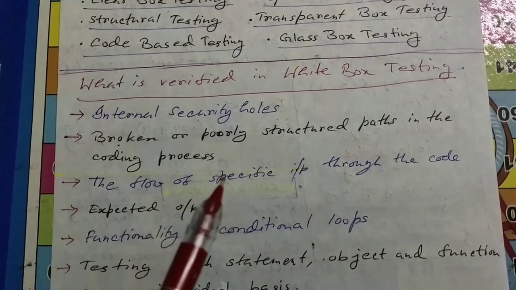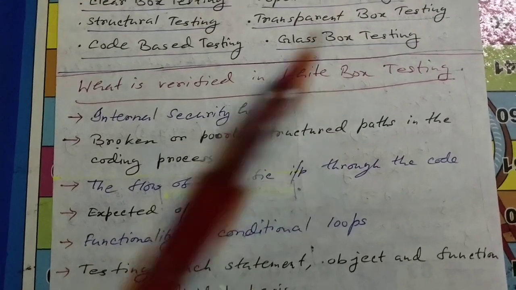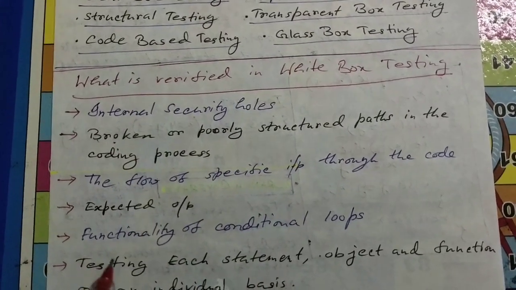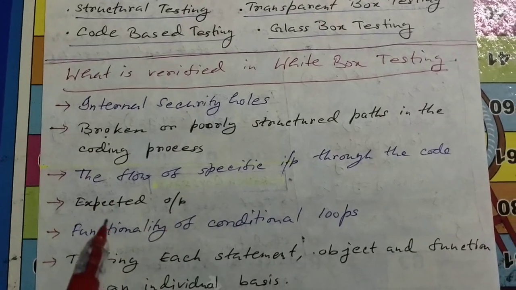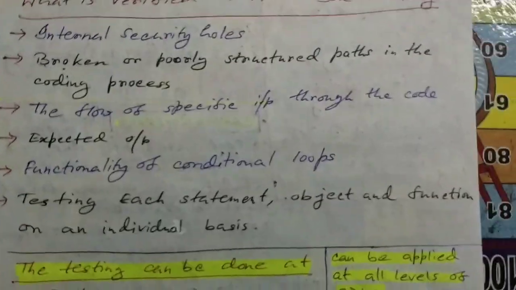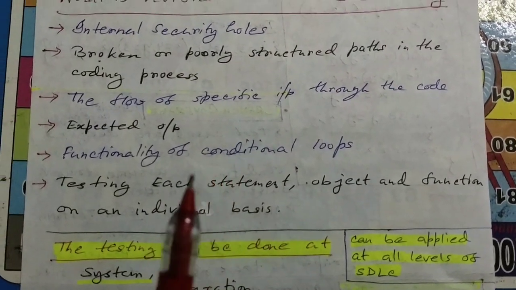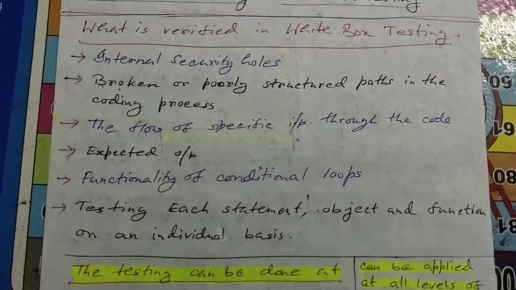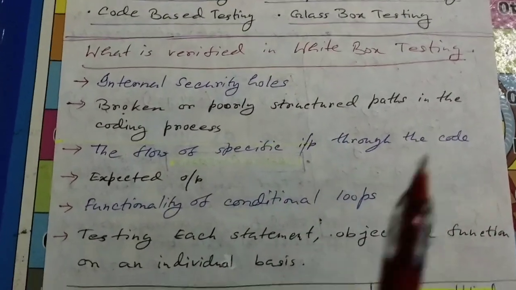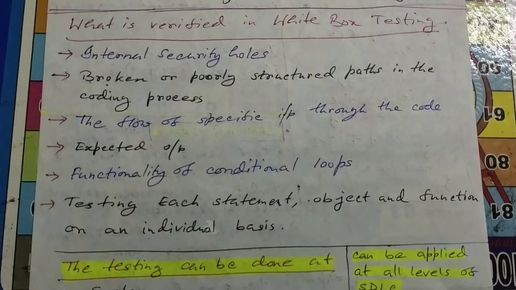The flow of specific input through the code, expected output based on some input, functionality of conditional loops, so all the loops will be tested, that means all the iterations will be tested, testing each statement, object and function on an individual basis. And how this all will be verified will come one by one later in this video.